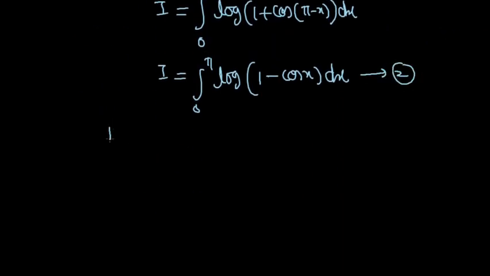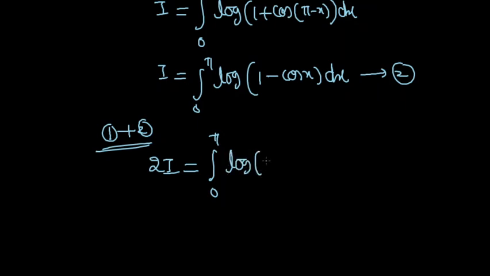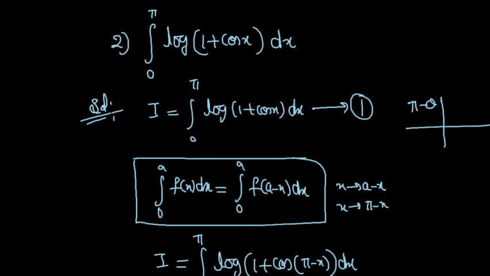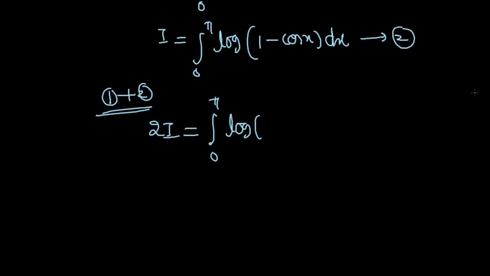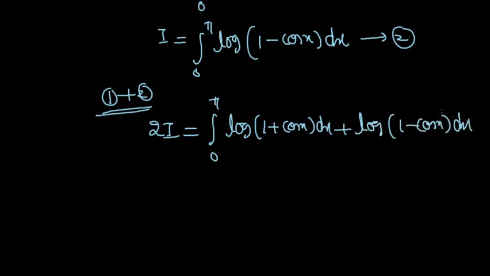Add 1 and 2. On the left side, I plus I is 2I, integration 0 to pi. The first equation is log of 1 plus cos x, the second is plus log of 1 minus cos x, from 0 to pi.